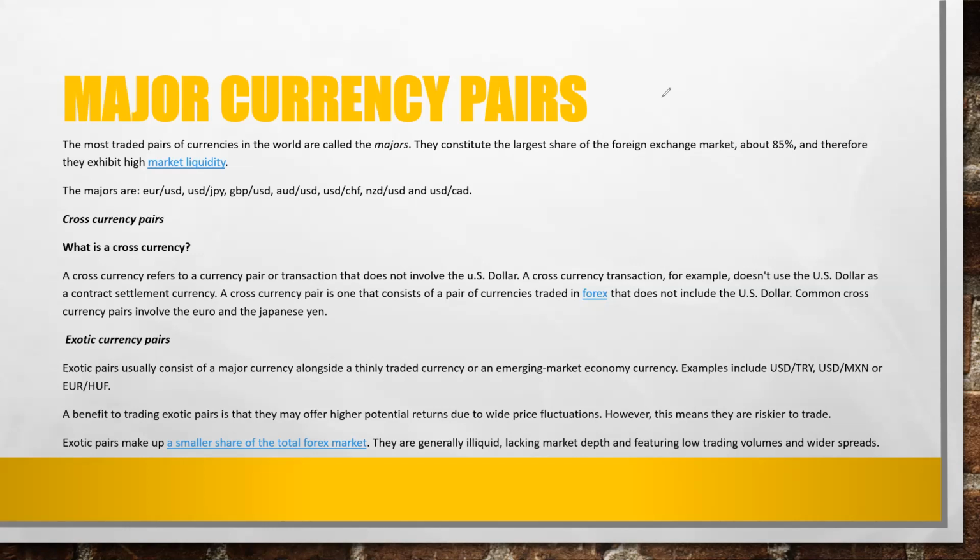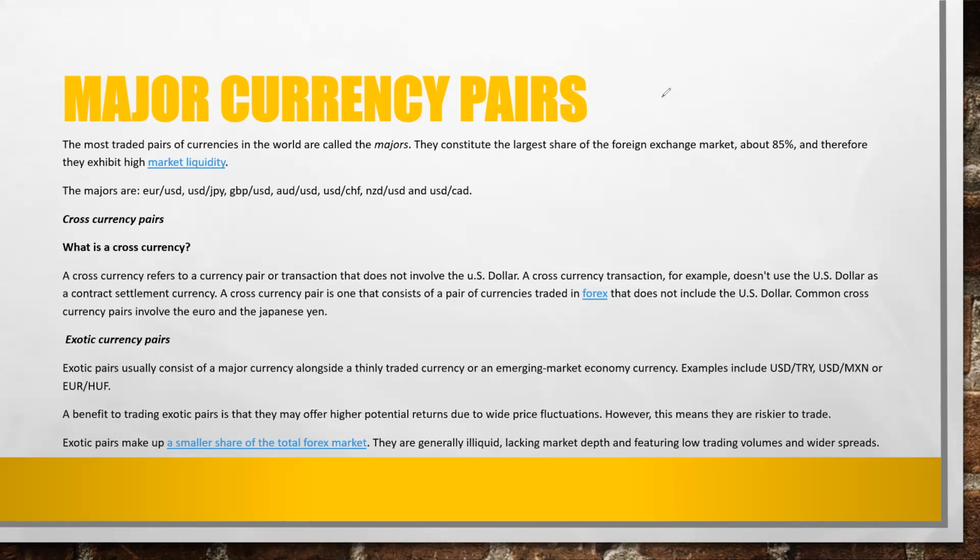We can talk of the US dollar against the Mexican peso, or the United States dollar against the South African rand. The South African rand is far weaker compared to the United States dollar. So this currency pair gives us an exotic pair because we've got the strongest economy being compared to a weak or emerging economy.